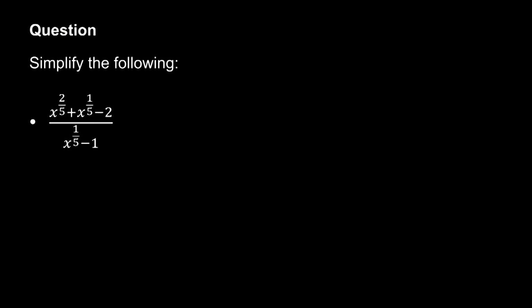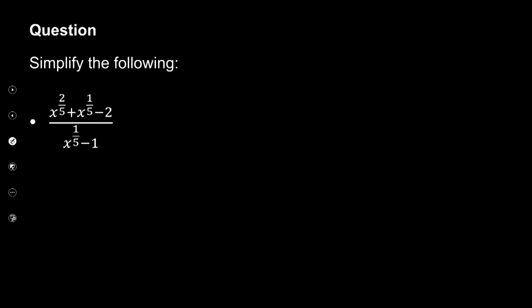Therefore, the next question that I will do is x to the exponent of 2 over 5 plus x to the exponent of 1 over 5 minus 2, all divided by x to the exponent of 1 over 5 minus 1. So the goal here will be to make sure that my numerator has a bracket that has x to the exponent of 1 over 5 minus 1, so that at the end they can then cancel out.